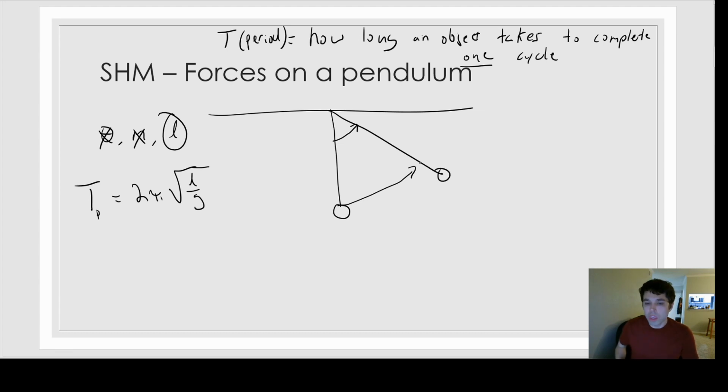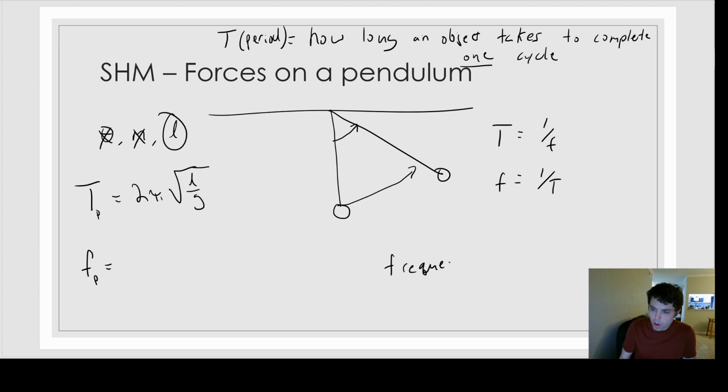There's our formula. And we can also do frequency. Now remember, quick recap, frequency for a pendulum is the opposite, right? Remember that period is 1 over f, and f is 1 over period. So what was frequency? What does it mean?